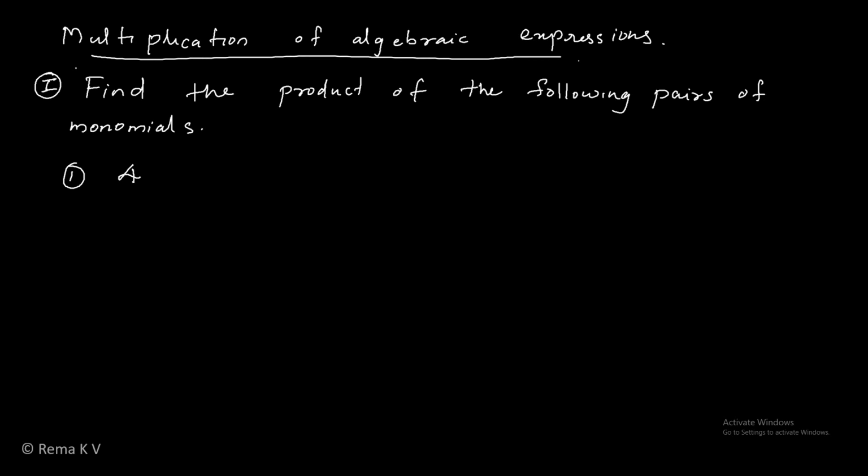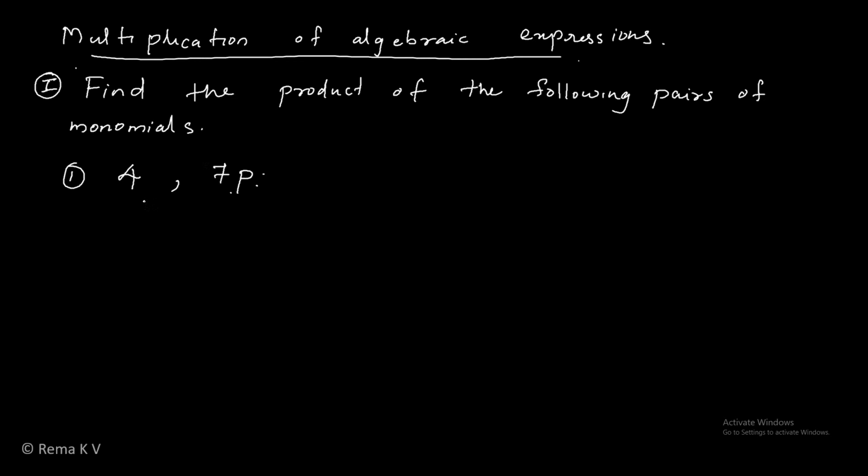Write this as a question. The first one: 4 and 7p. So we have to find the product of 4 and 7p.